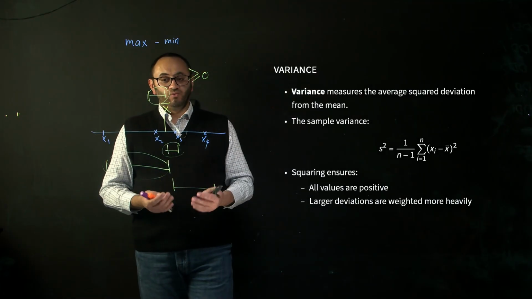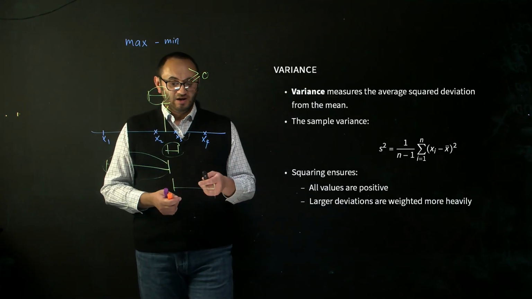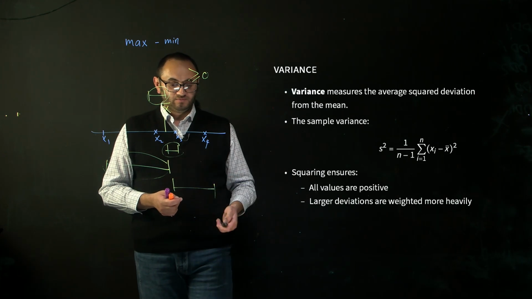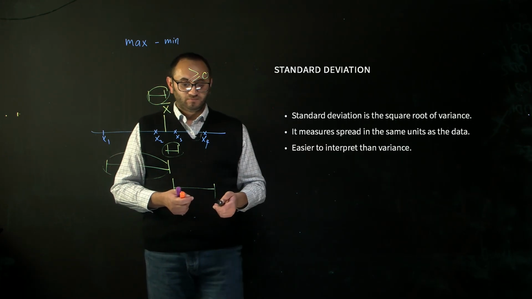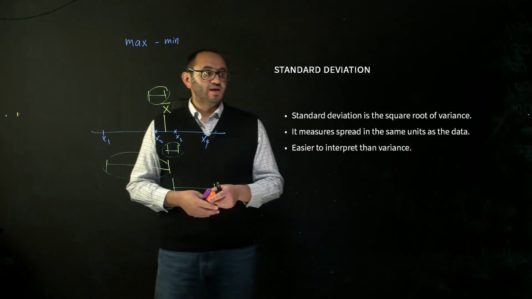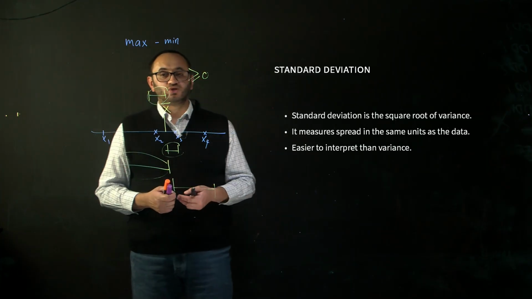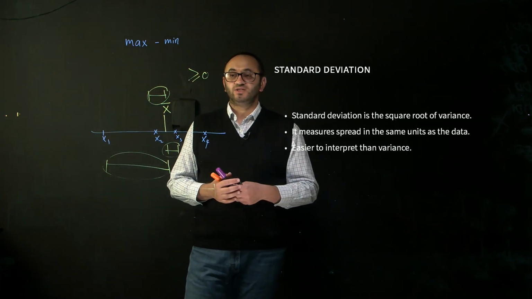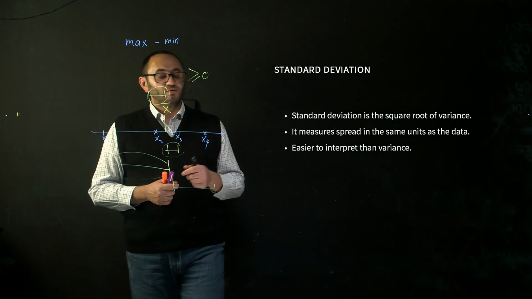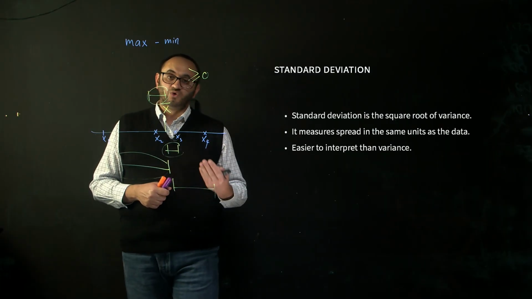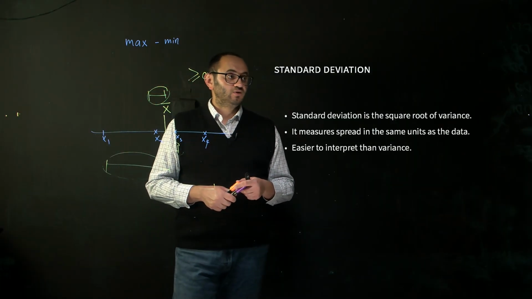So a large variance means we have more spread. Standard deviation is the square root of the variance. So for example, if our variance is 16, then the standard deviation is the square root of 16, which is 4.